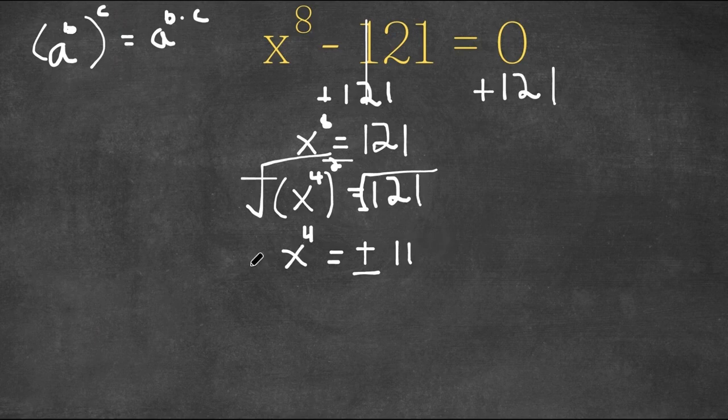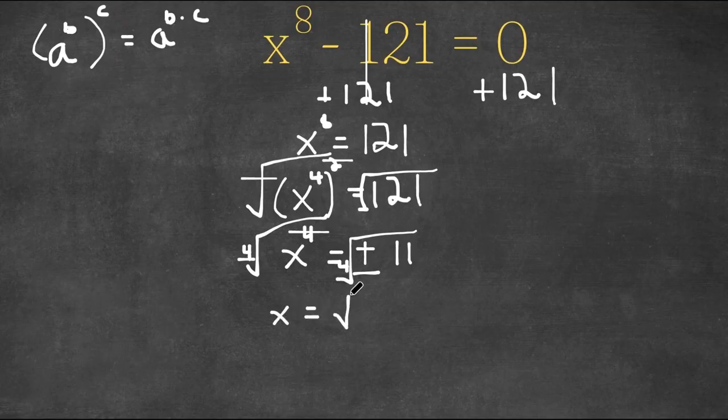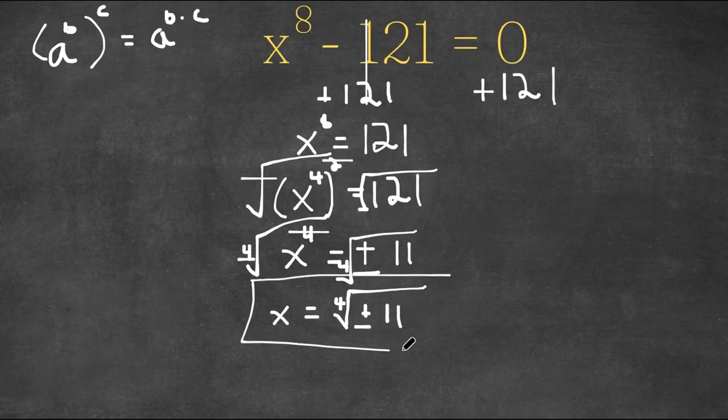Now we're going to take the fourth root on both sides. By doing that, these two cancel out, so we are left with x equals the fourth root of positive negative 11. So this is our answer.